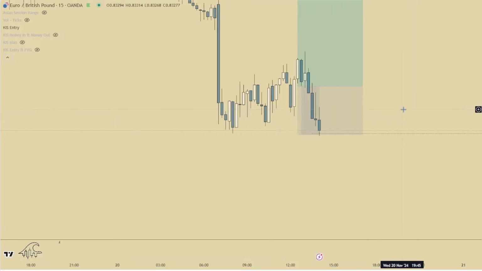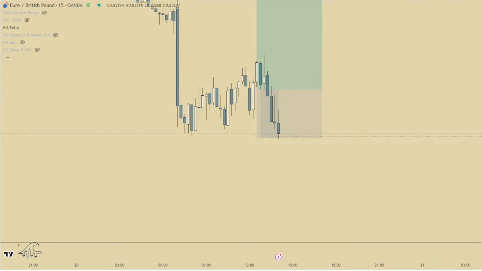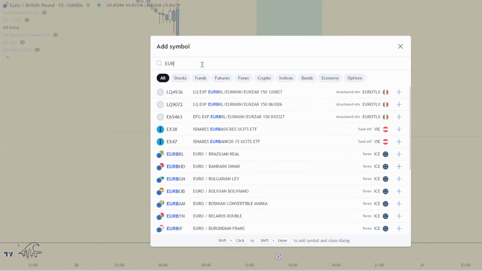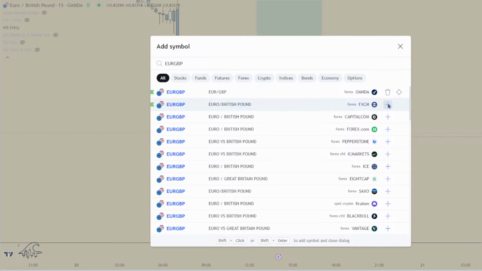Okay, on my broker, I have this wick down here, so my stop's actually lower. Let's see if I can find a broker on TradingView that has the same, so I can show you guys.